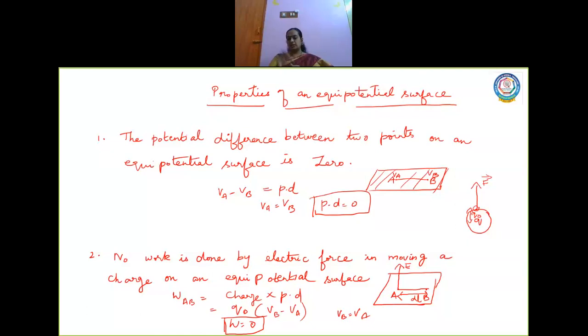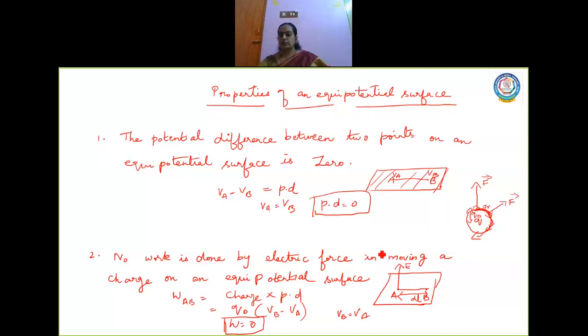The force of repulsion will be acting outward. Now let us imagine the test charge Q naught is moving along this side, moving tangentially. What will be the direction of Q naught's motion? It will be moving tangentially along the sphere, yes or no? The displacement is tangential, dr. Now at this point also the force will be outward and the displacement is like this.